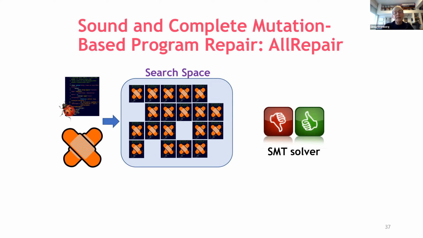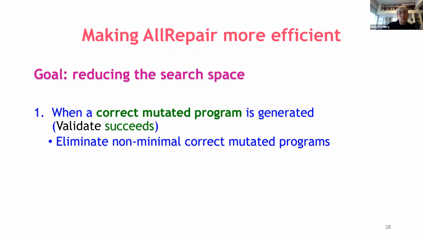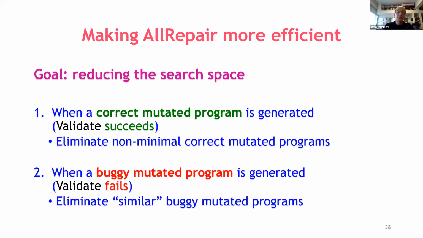But when we get a program which is not valid, then we don't have any additional reduction for the search space, and we will do it via the fault localization. So here is what we want to do. For the correct mutation programs, we will just eliminate the non-minimal ones. And for the buggy mutation programs, we want to eliminate similar buggy programs, and we'll use the fault localization.